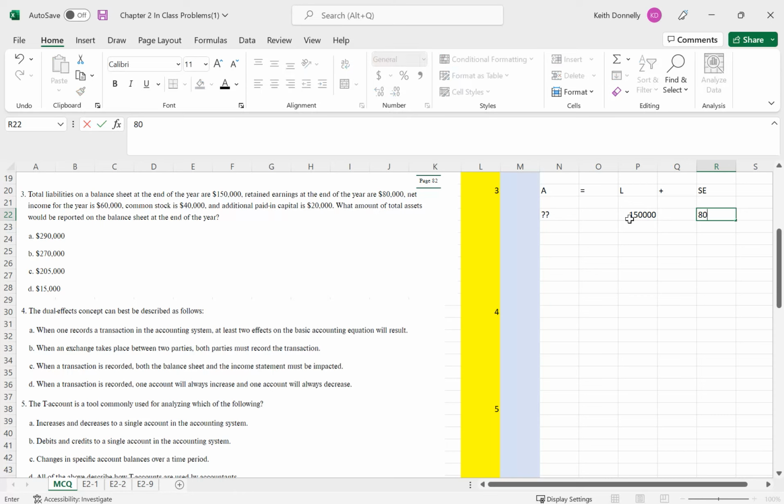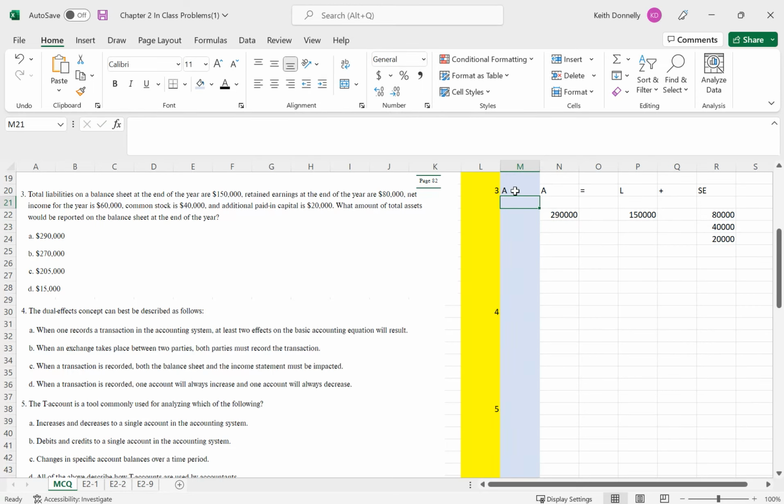Our ending retained earnings is $80,000. Our net income is $60,000. Common stock is $40,000. APIC is 20. So in this case, right, it's going to equal our assets to make that balance, 290.